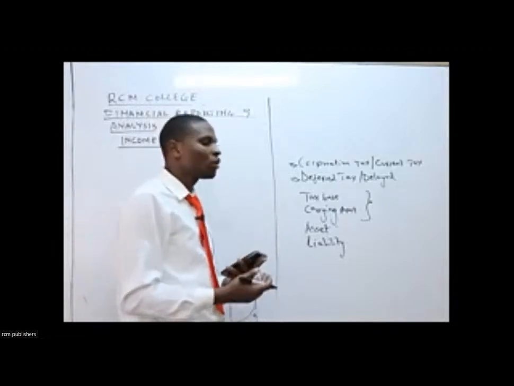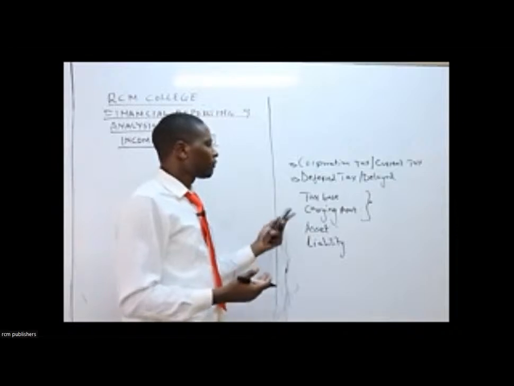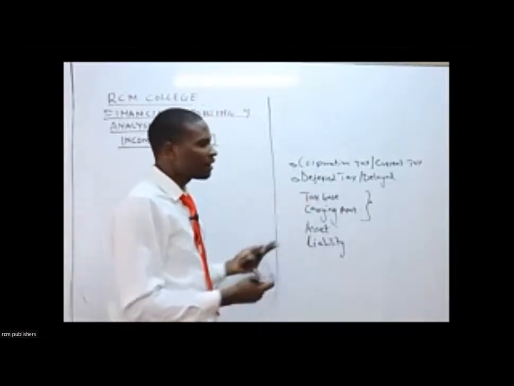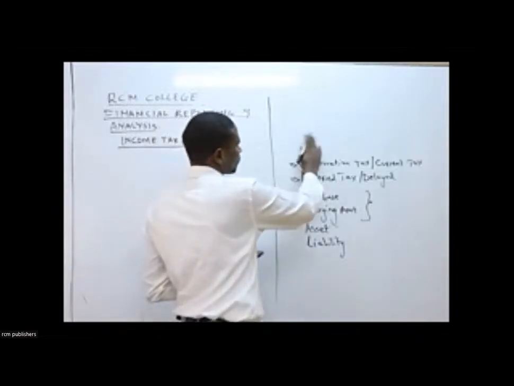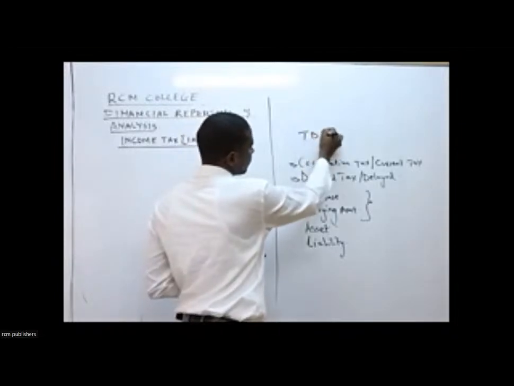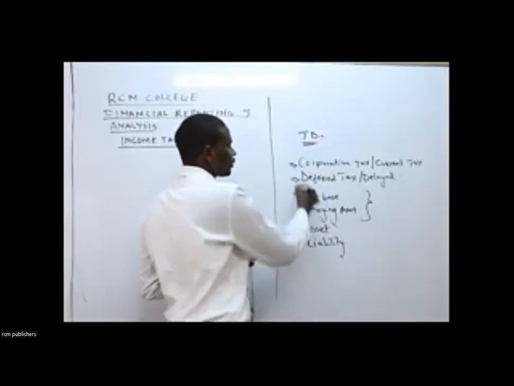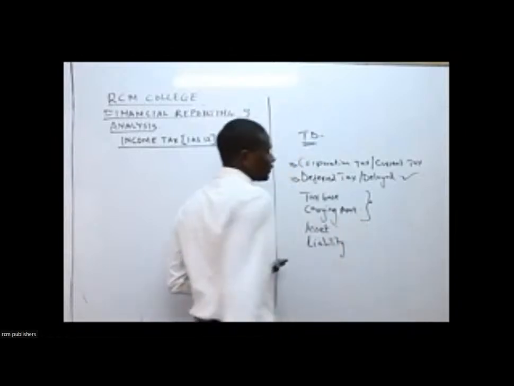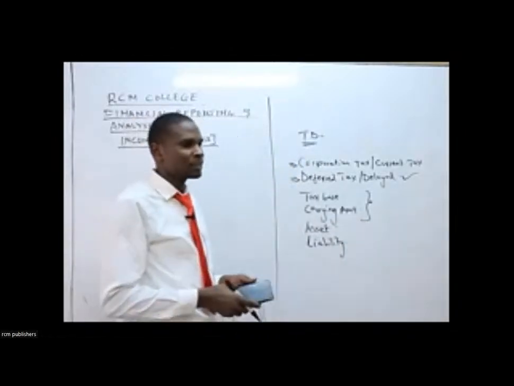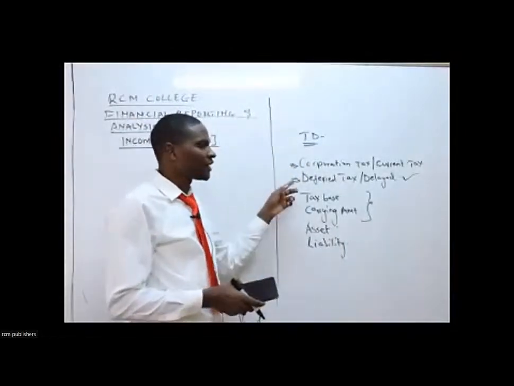After which you'll be able to get the temporary difference, which will assist you to get the deferred tax. So today I want us to focus on the deferred tax.